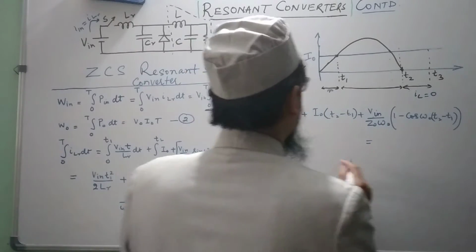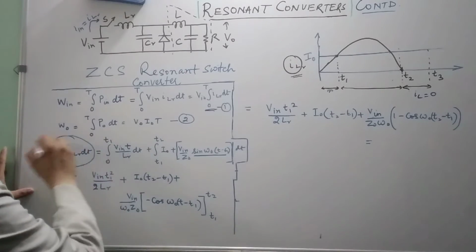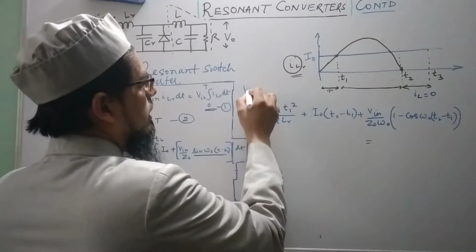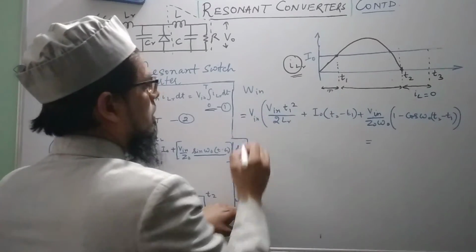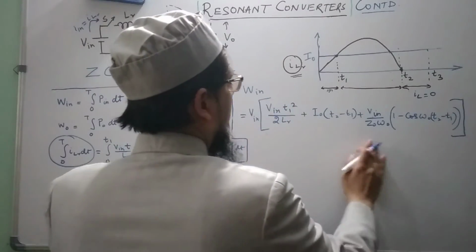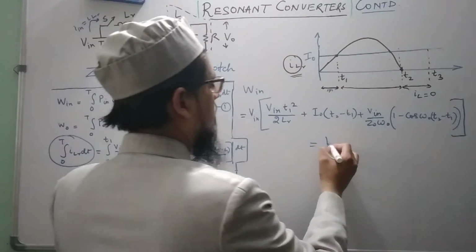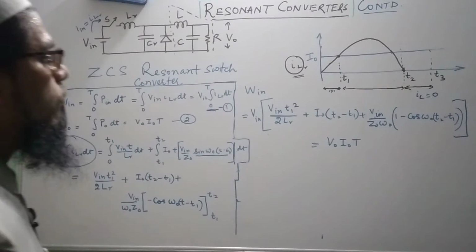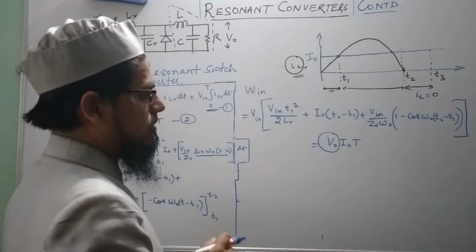and this is equal to, what is this? This is this term. If I multiply it with V in, so basically I will get W in. So W in is equal to this much times V in. Okay, and this W in is equal to W out. So V naught I naught, V naught I naught T. From here I can obtain an expression of V naught by bringing these two terms on the left side.